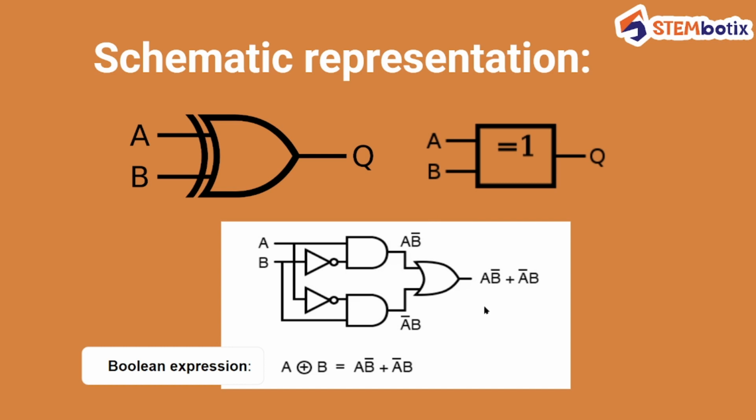So the Boolean expression for the XOR gate is A B bar plus A bar B, meaning this is the multiplication and then after that an OR operation, and the Boolean expression is denoted something like this: A plus B, but in the plus sign it has a circle around it. So this is how the Boolean expression for the XOR gate is represented.